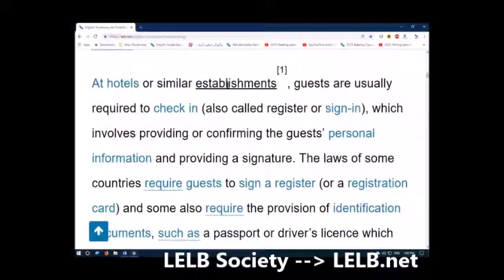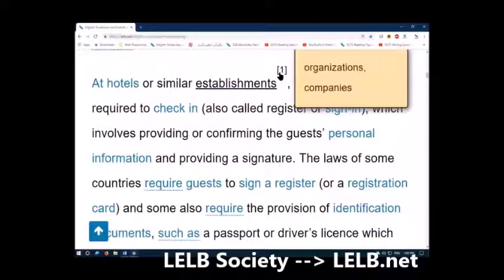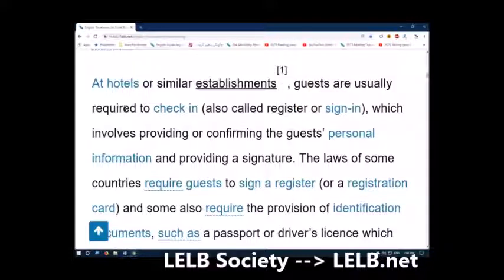And so establishments here means organizations and companies. Guests are usually required, it means they are asked for, required to check in. Check in means if you want to make a reservation, you go directly, or actually these days you do that online, to the receptionist and you just submit your information, for example some ID cards, in order to ask for a room, also called register or sign in, which involves providing or confirming.